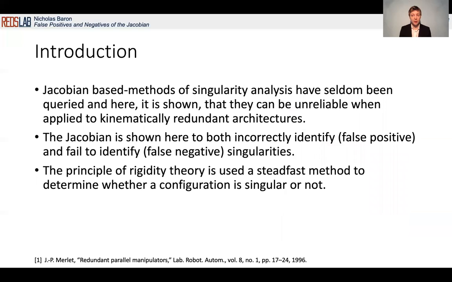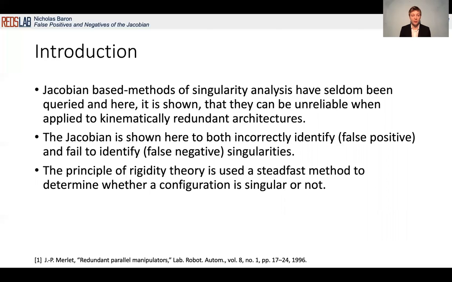Jacobian-based methods of singularity analysis have seldom been queried, and here it is shown that they can actually be unreliable when applied to kinematically redundant architectures. The Jacobian is shown here to both incorrectly identify singularities in the mechanism's workspace, which we call a false positive case, and fail to identify singularities as well. This we term a false negative case of the Jacobian.